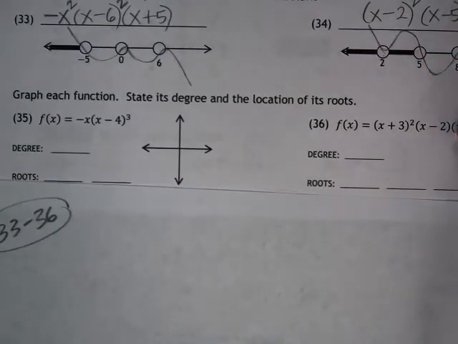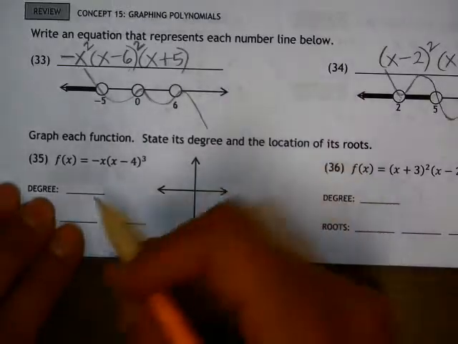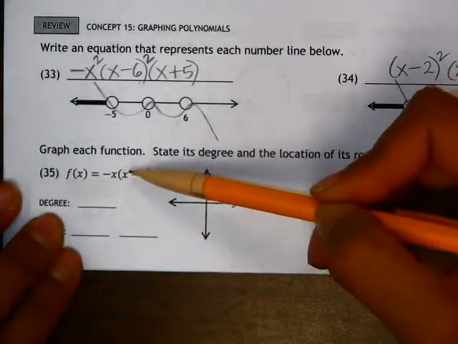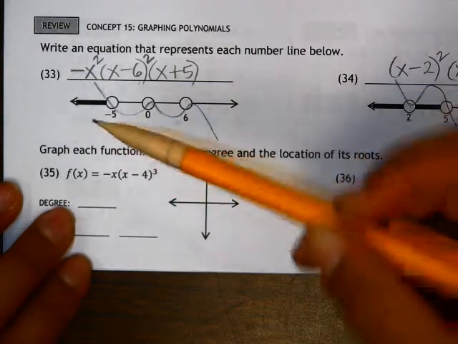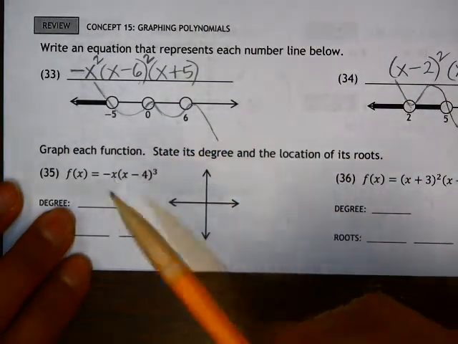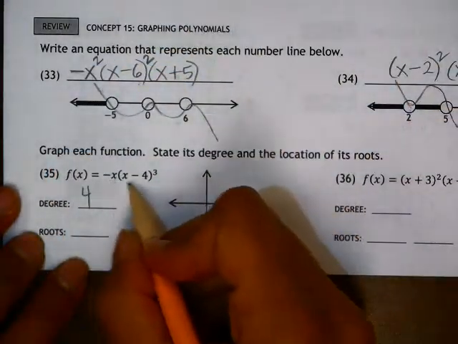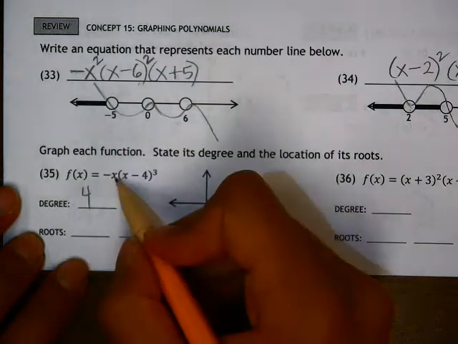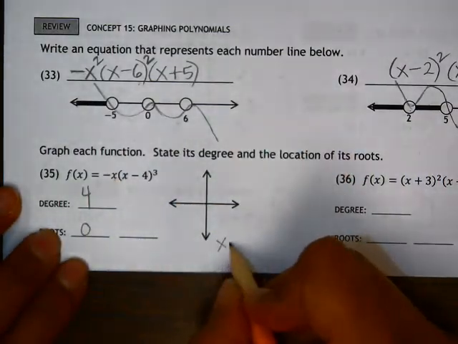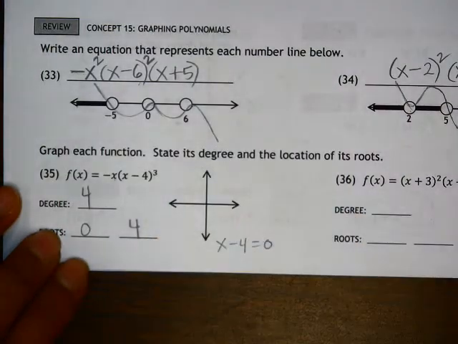On 35, we have an equation, and we're first asked to state the degree. So an easy way to find the degree is to add up the total of the exponents for the x. So x cubed, x to the first. So 3 plus 1, the degree is 4. The roots, the zero product property shows us that either x is equal to 0 or x minus 4 equals 0, which means x is equal to 4.